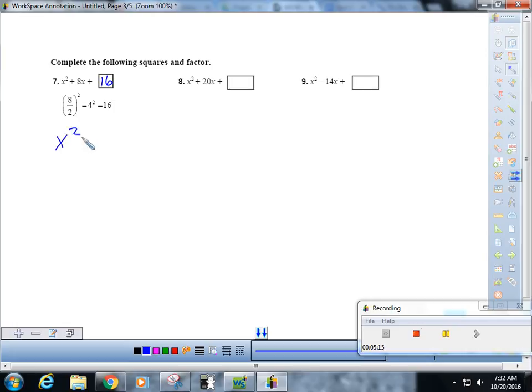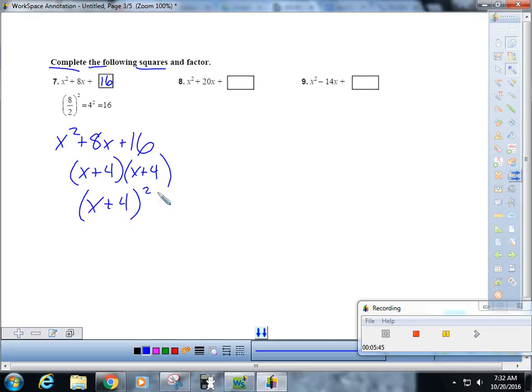Rewrite that trinomial as x squared plus 8x plus 16. When you do this thing called completing the square, your answers are always a perfect square in here. So you're looking for two numbers that multiply to be 16 and add to be 8. What are those two numbers? Exactly. So it's x plus 4 times x plus 4, which we would rather have you write as x plus 4 squared. And that is why it's called completing the square.